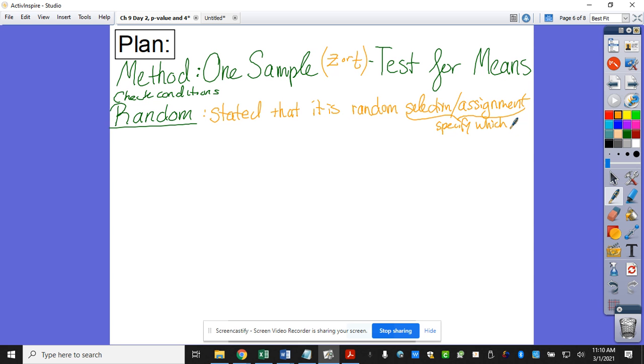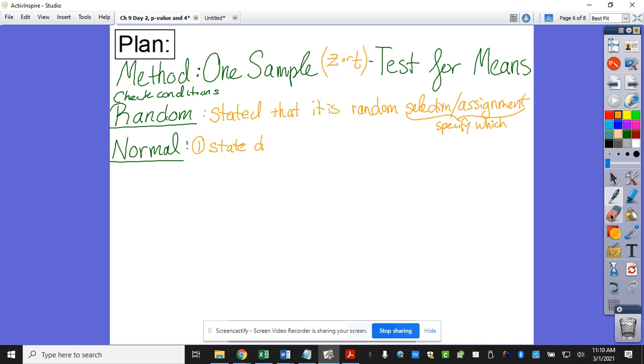All right, what's our next condition? Normal. Well, how many ways do we have to check for normal if we're dealing with means? We've got 3. I want you copying this the same way we did it before. What's one of our easy ways? It's stated that what is normal?